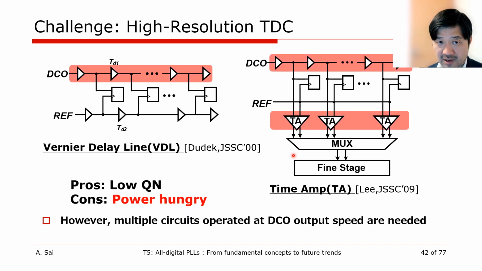However, the power consumption of these techniques is quite high because they need many power-hungry buffers in the high-speed DCO output signal path.